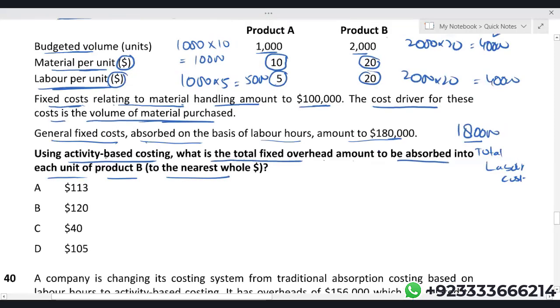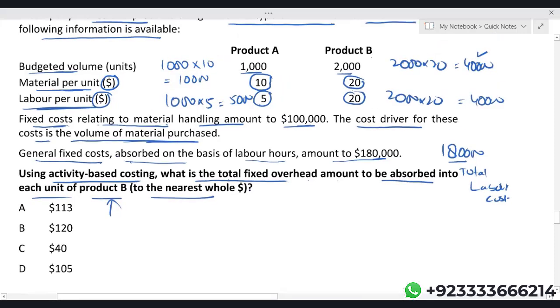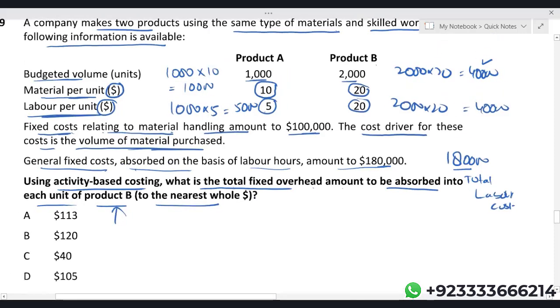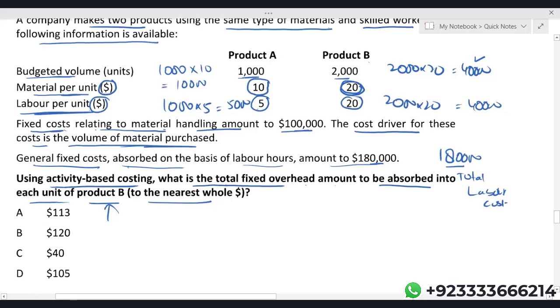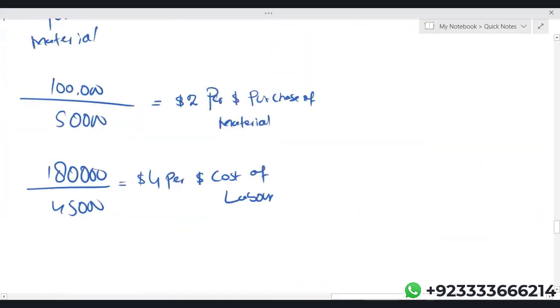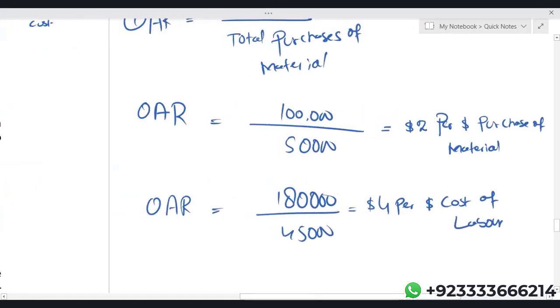What they're asking is, using ABC, what is the total fixed overhead amount to be absorbed into each unit of product B? Fine. When we say product B, material per unit is 20, and the material handling cost per dollar of purchase of material is $2.